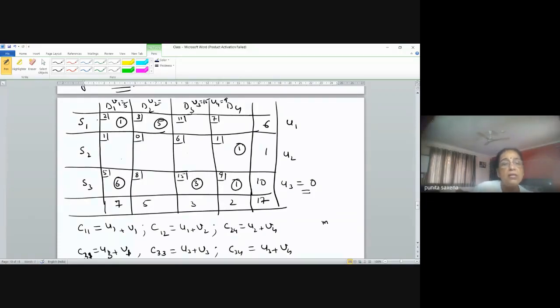Are you getting now? See, now your C11 is equal to U1 plus V1. Your V1 is 5, right? And C11 is how much? 2. So how much is your U1? Minus 3. Is that okay? अब बचा क्या?